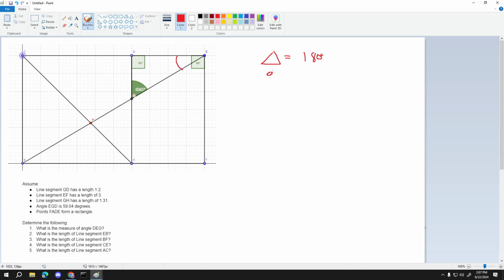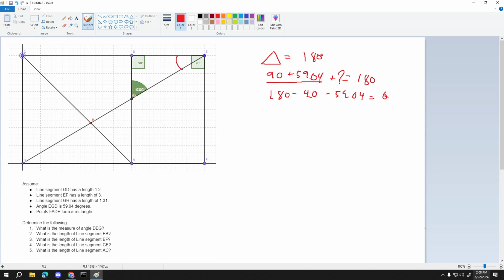So we have 90 plus 59.04 plus blank is equal to 180. So our answer would be, if you minus both sides with this, 180 minus 90 minus 59.04 is your angle.